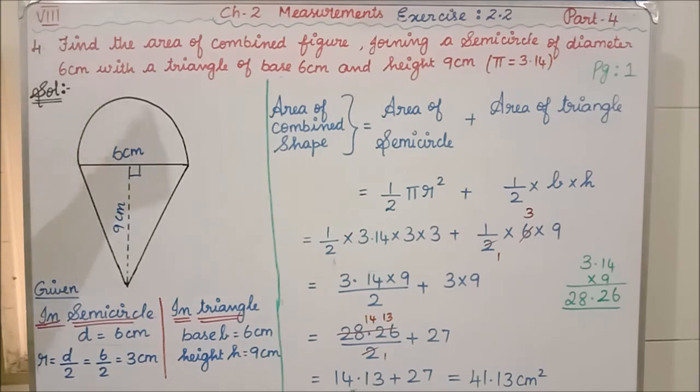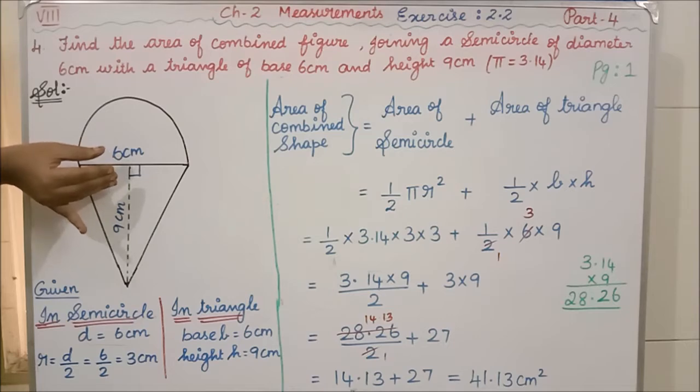Find the area of the combined figure joining a semicircle of diameter 6 cm with a triangle of base 6 cm and height 9 cm. Students, what are they saying? They are asking to find the area alone of the combined figure.